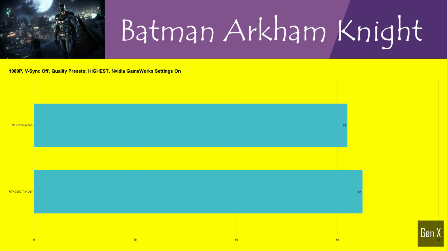However, with the PC performance test inside the game, it is possible to go beyond the locked frame rate. The 3050 received an overall benchmark score of 62 frames per second, while the 3050 Ti scored 65 frames per second.